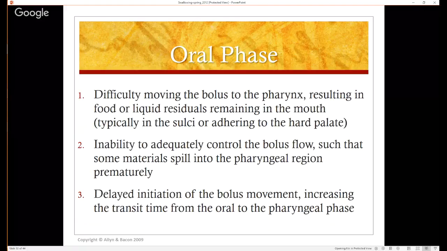And then in the oral phase, difficulty moving the bolus to the pharynx, resulting in food or liquid residuals remaining in the mouth, will be present, along with inability to adequately control the bolus flow, such that some materials spill into the pharyngeal region prematurely. And then delayed initiation of the bolus movement, increasing the transit time from the oral to the pharyngeal phase.